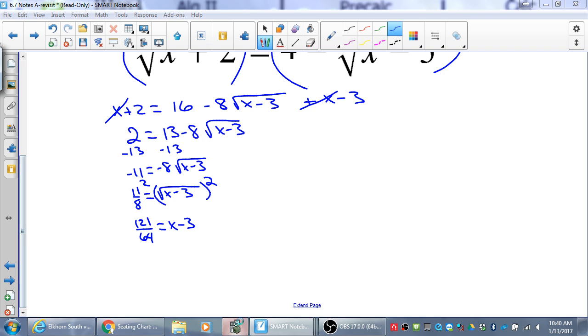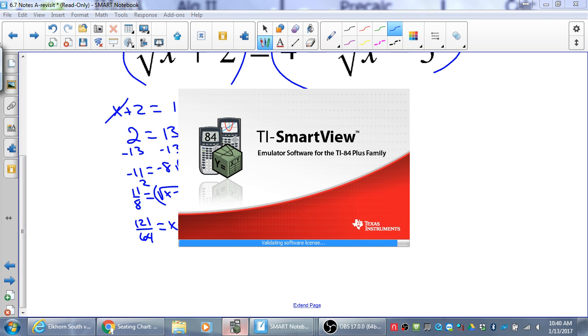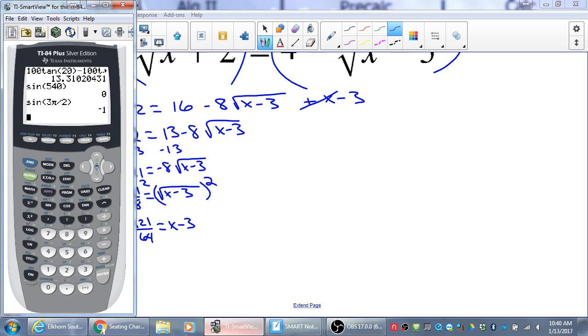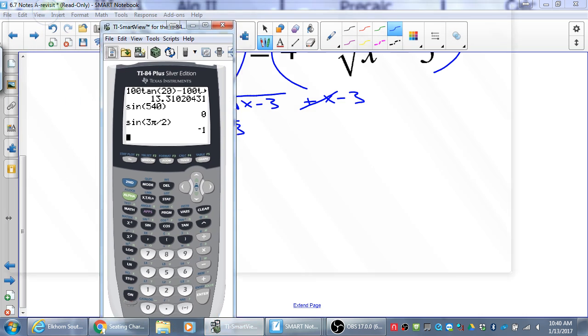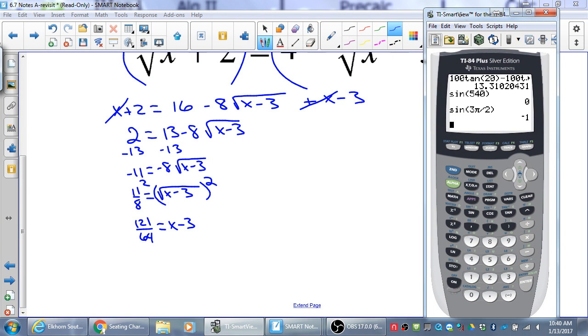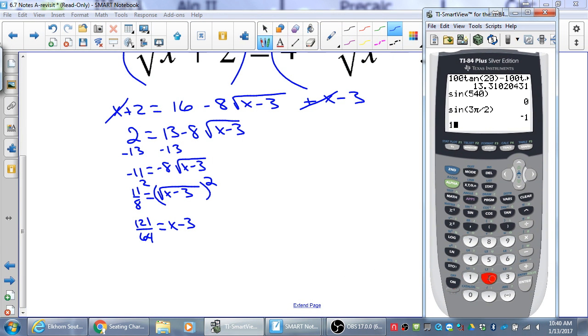I'm going to grab a calculator for this one. We take 121 divided by 64, and I need to add 3 to that. So that's what I get.